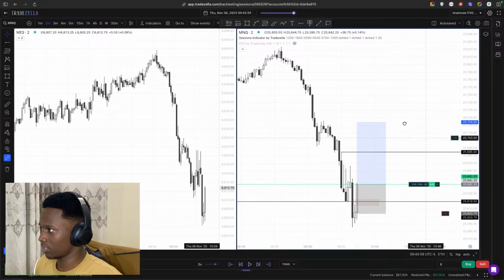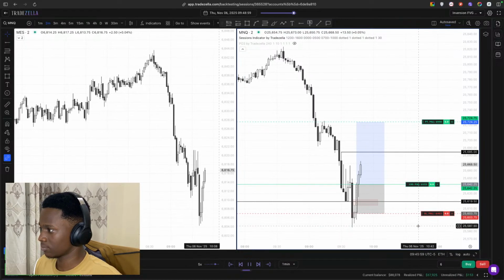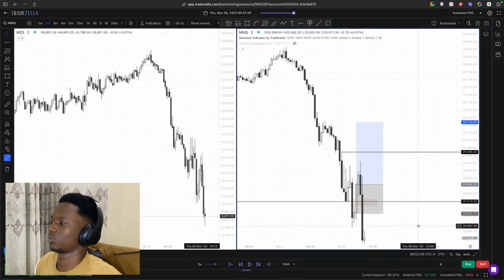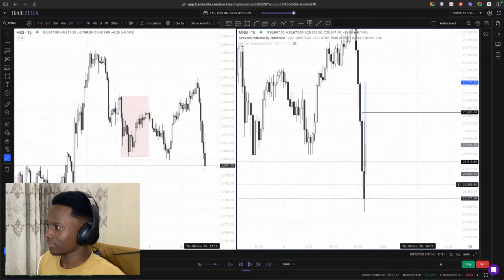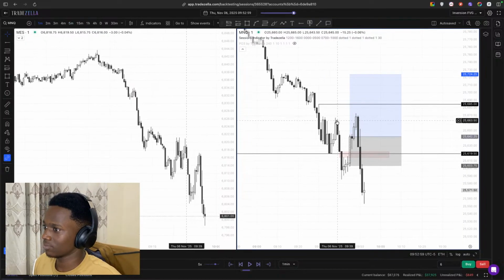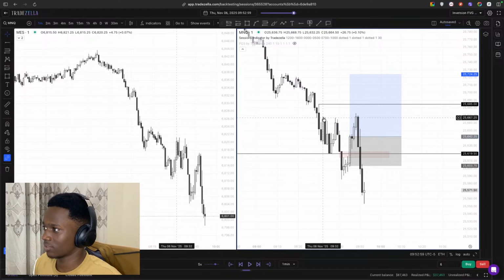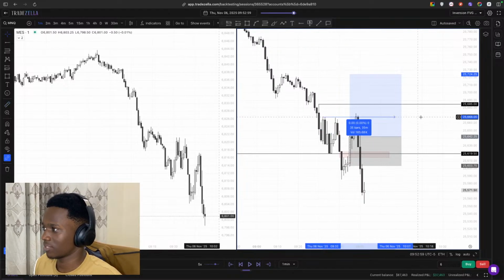Take profit at this high. Ooh, that was quick. So ES failed to run this high. Very clear sign that price wanted to drop.